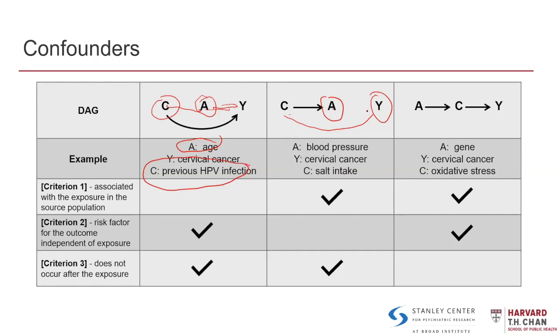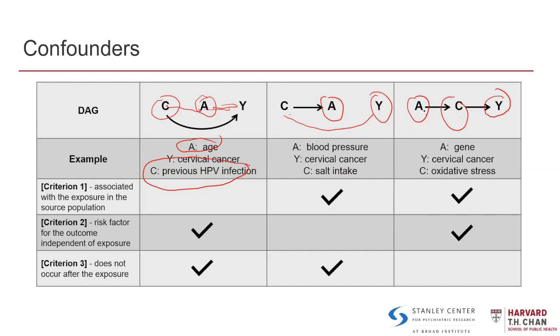In the last example, we have a genetic haplotype, which is the exposure. The outcome is cervical cancer, and the confounder is oxidative stress. So you can see that the exposure and the confounder are associated.